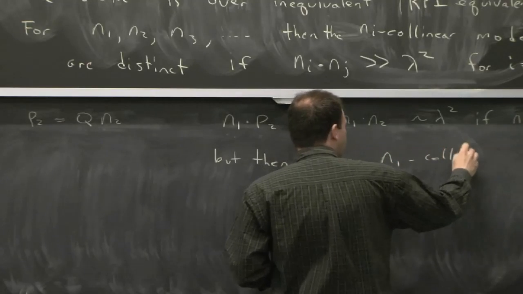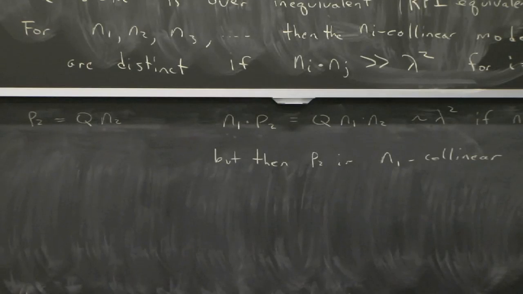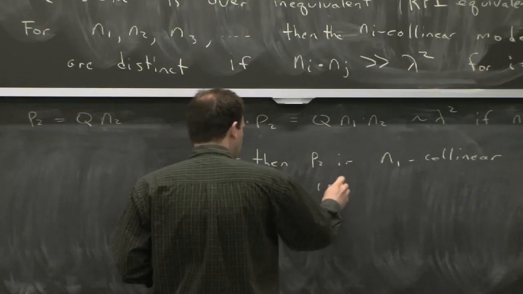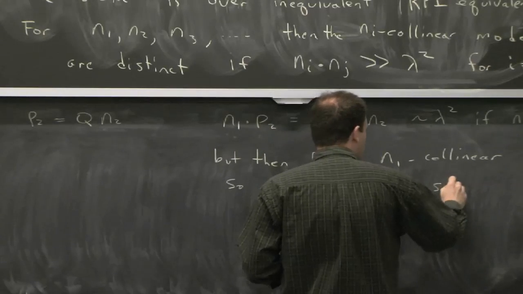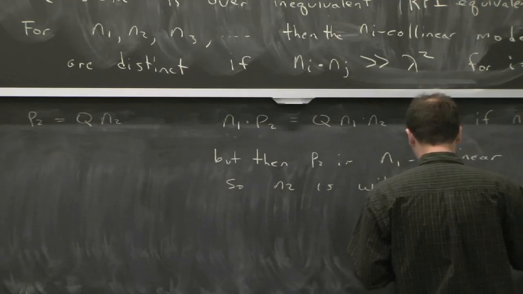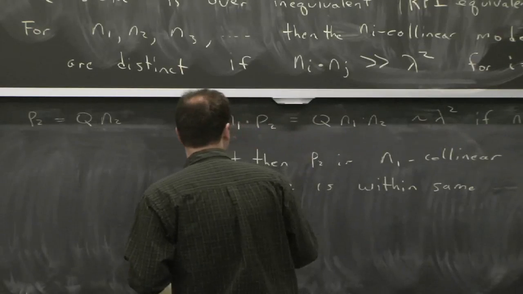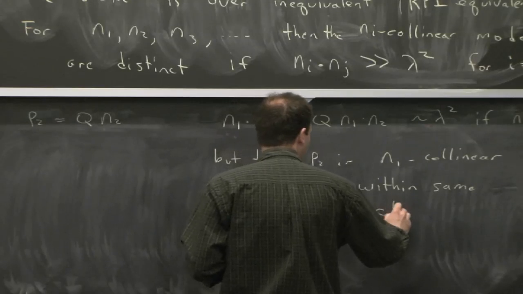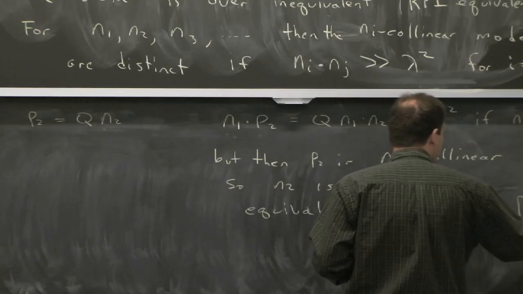So it's both n1 collinear and n2 collinear, and that just means n1 and n2 are just two members of the same equivalence class. So if the dot product is of order lambda squared, then n1 and n2 are within the same equivalence class. Which, if you wanted some notation, you could say n2 is in the class defined by n1.